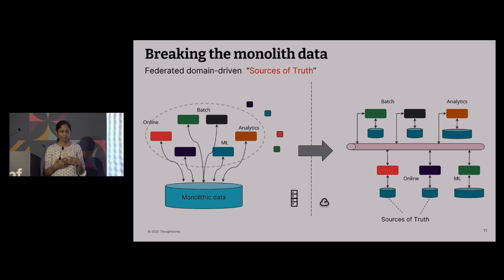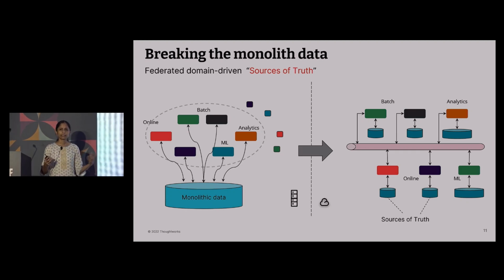One, as you break, you can scale different parts independently. And the second thing is, when you are breaking it, you are also allowing different parts to change independently, not just scale independently, right? Maybe one system needs to undergo change quite often, the other system doesn't need to undergo that change. Maybe one system needs to use a different technology. Here it was all one technology, right?